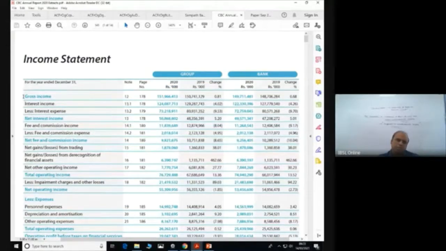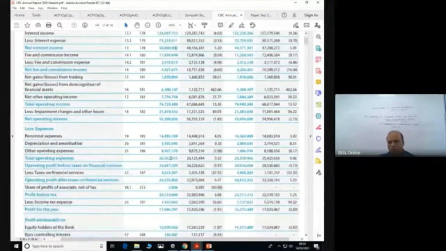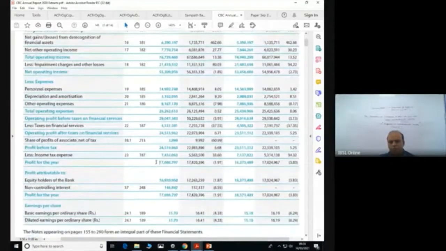Look at their gross income. This line. How much is it? What is this amount? That is 151 billion, compared to last year 150 billion. So in their case, it is slightly different. And they go on to show the profit of 17 billion.